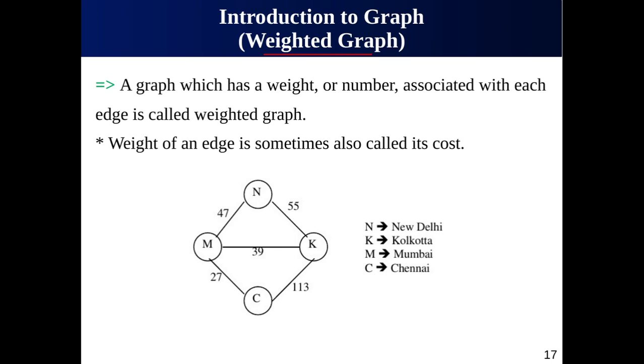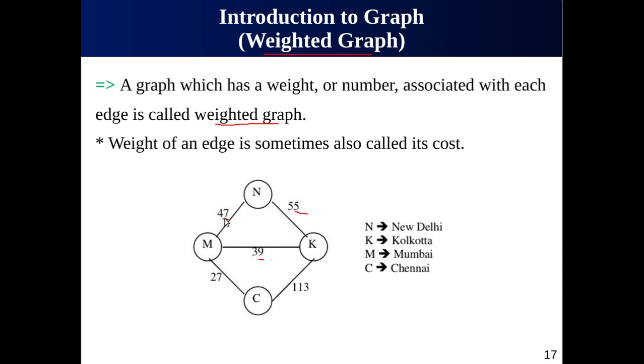A graph which has a weight or a number associated with each edge, link, line, connection is known as a weighted graph. Very simple. If you see a number with every line, then it is known as a weighted graph. The question is, what is the weight about?